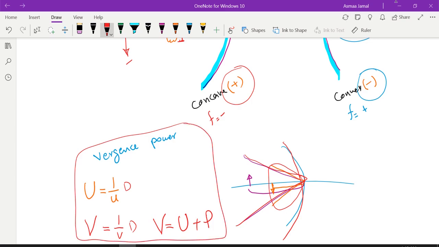And of course, don't forget the sign conventions. From here, we can say 1 over the distance between the image and the mirror plus 1 over the distance between the mirror and the object will give us 1 over the focal length.